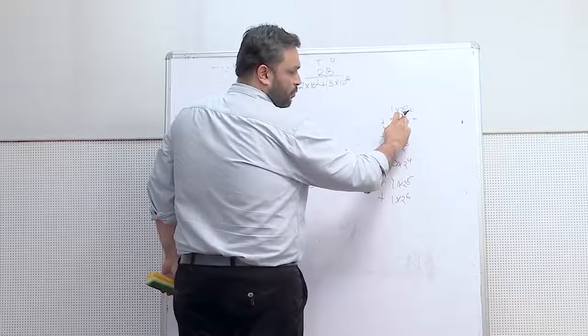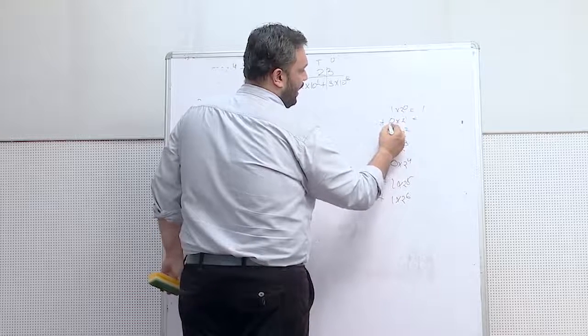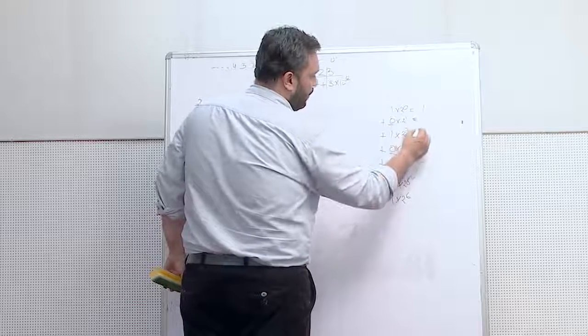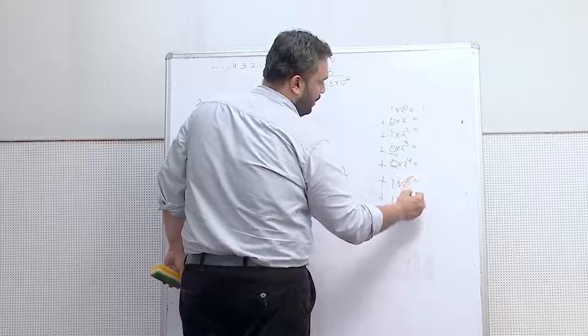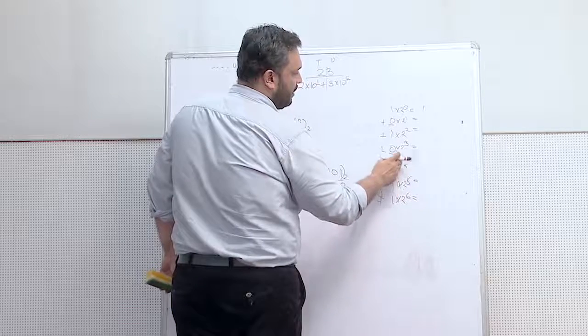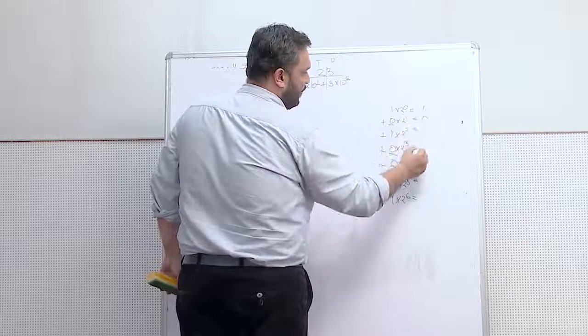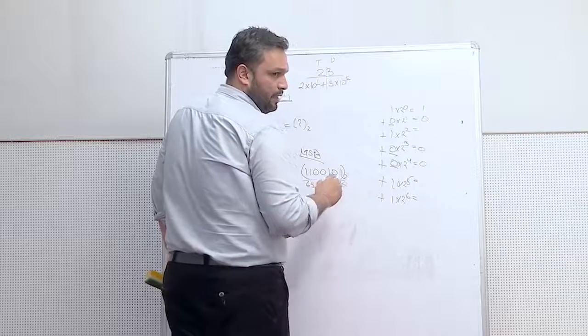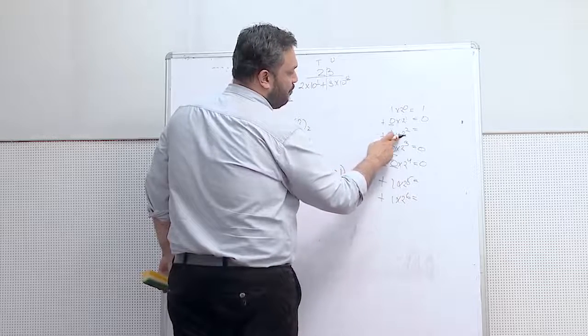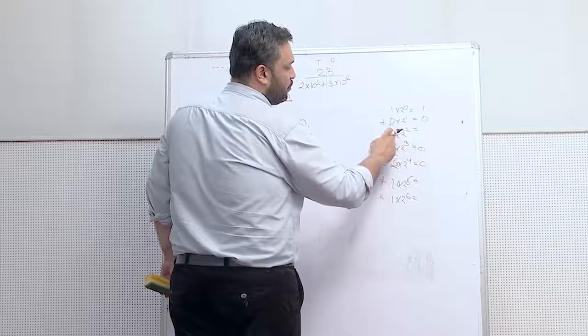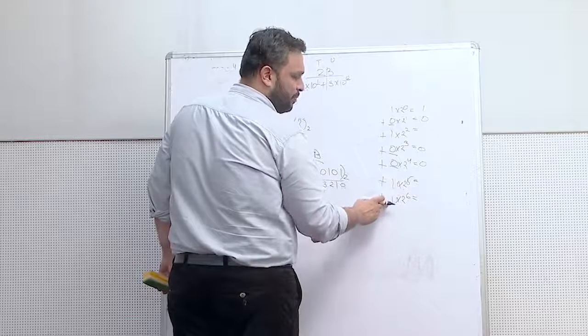2 raised to power 0 is 1, 1 into 1 is 1. Anything multiplied by 0 will be 0. So we do not need to even calculate the powers of 2. We'll simply write 0 over here. This is quite easy. And 1 multiplied by any value is that value. So we do not need to carry out the multiplication by 1 also.